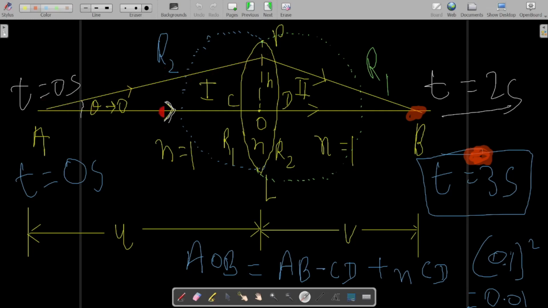OP square plus AO square will be equal to AP square, because this triangle APO is a right angle triangle. So AP square will be equal to PO square plus OA square.